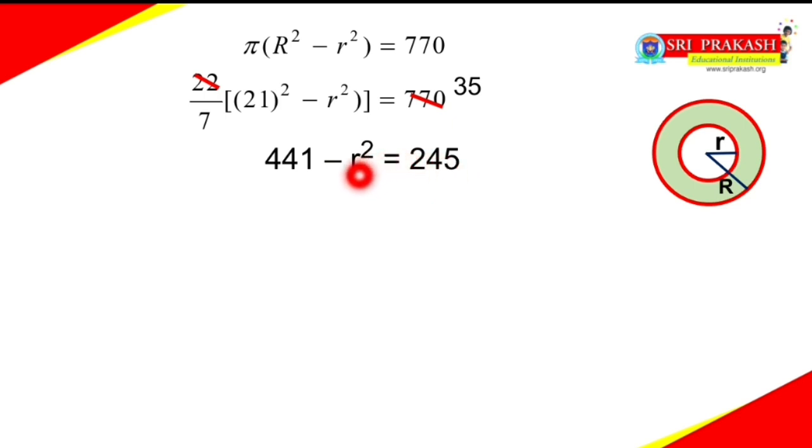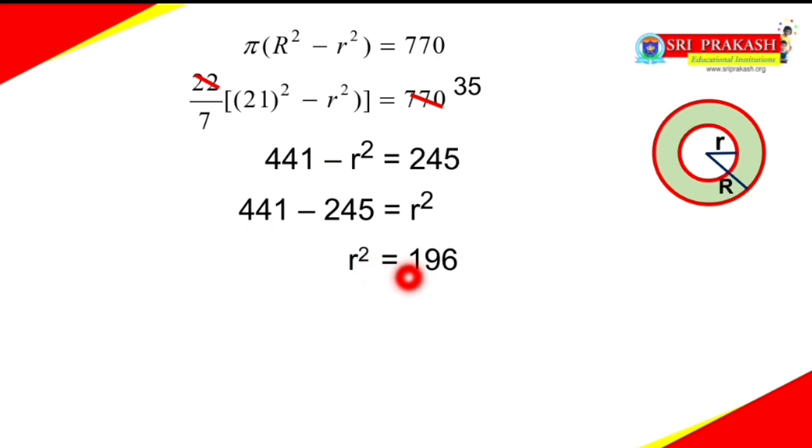Now let us shift minus r square from LHS to RHS as well as 245 from RHS to LHS. Then we get 441 minus 245 is equal to r square. By simplifying, we get r square is equal to 196.